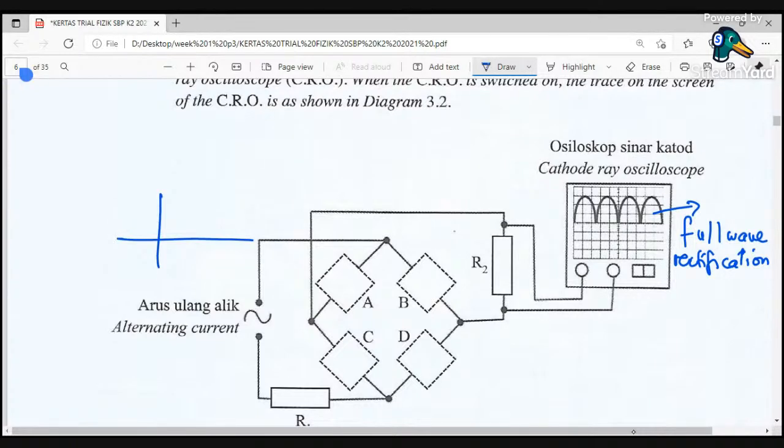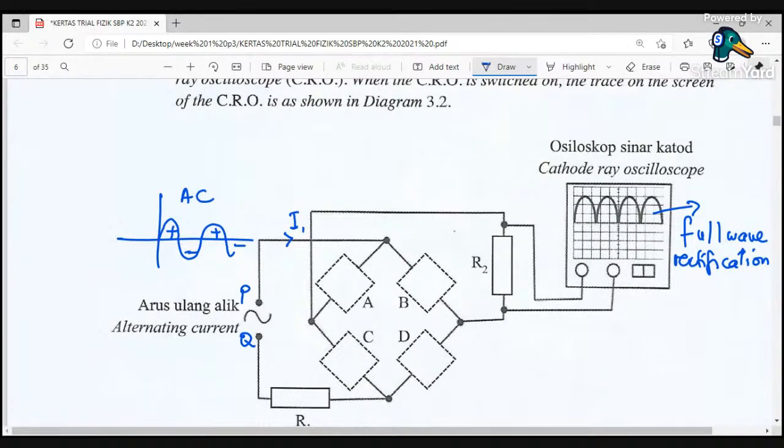The input is AC current, so there's a positive and negative part. Let's say for the first positive, I mark this one as A, this one as B. We use different symbols because we have A and B here. Let's say I use P and Q. So for the first positive, let's say current flows from P. This is the first current.